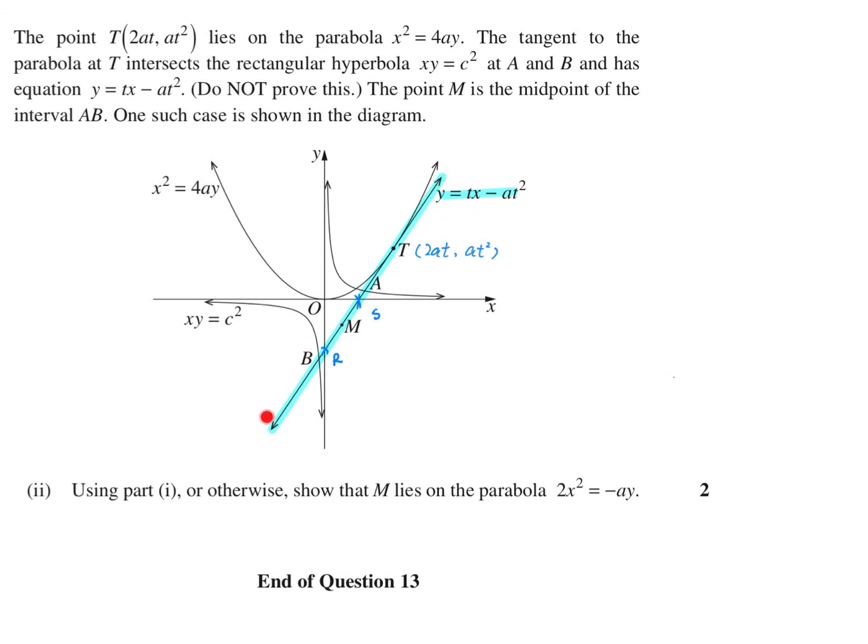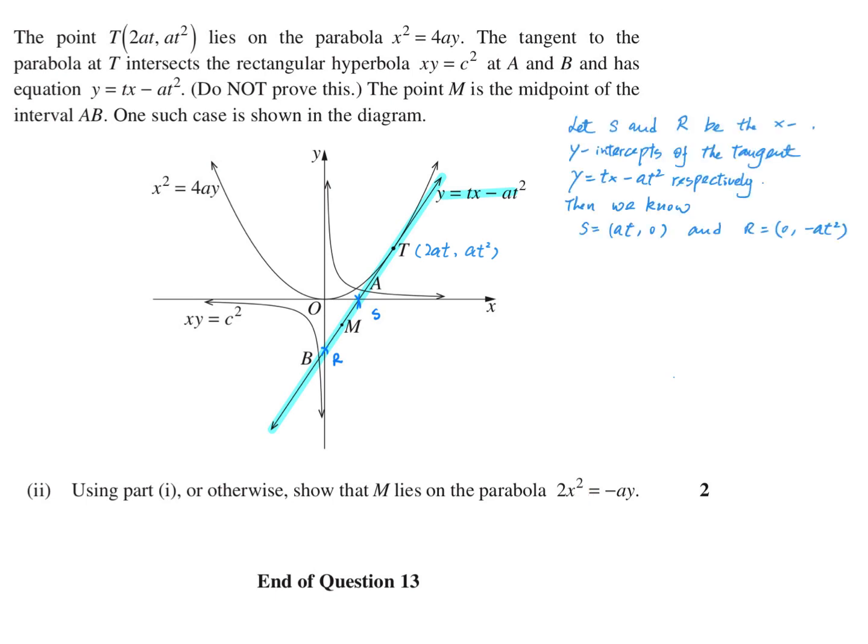This tangent cuts the rectangular hyperbola at 2 points A and B. M is a point on this tangent, which is the midpoint of points A and B. And the question asks you to show that this M actually lies on a parabola 2x squared equals minus ay.